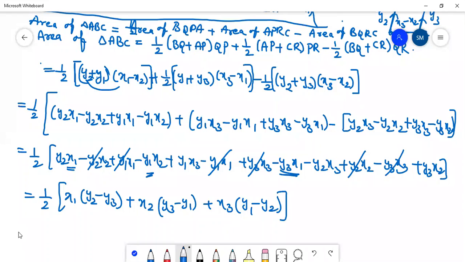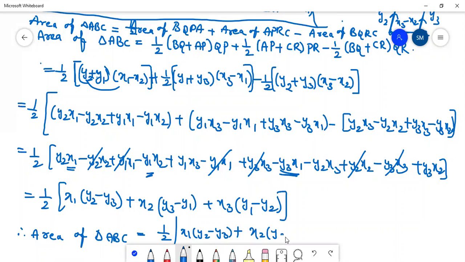It is the area of the triangle. Therefore, the area of triangle ABC is equal to 1 by 2. Area is always positive, so the modulus of x1 into y2 minus y3 plus x2 into y3 minus y1 plus x3 into y1 minus y2.